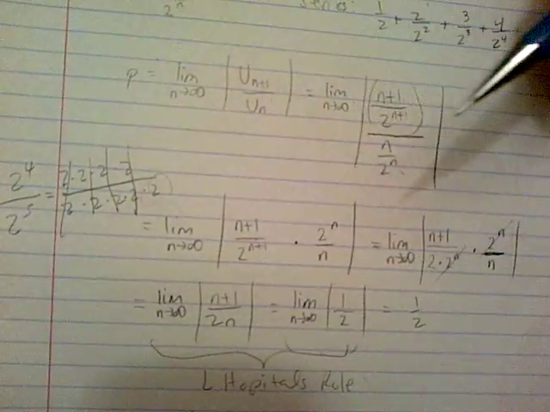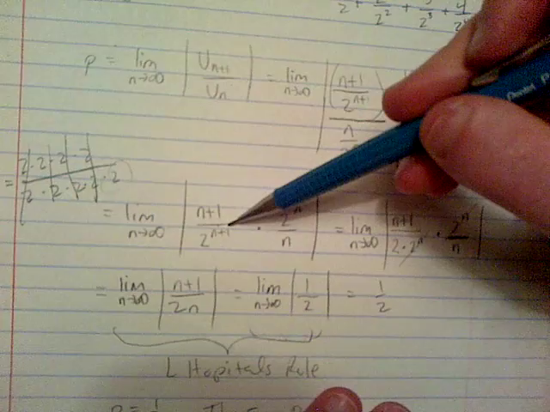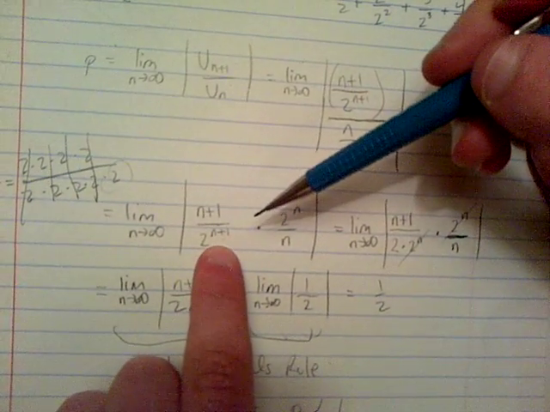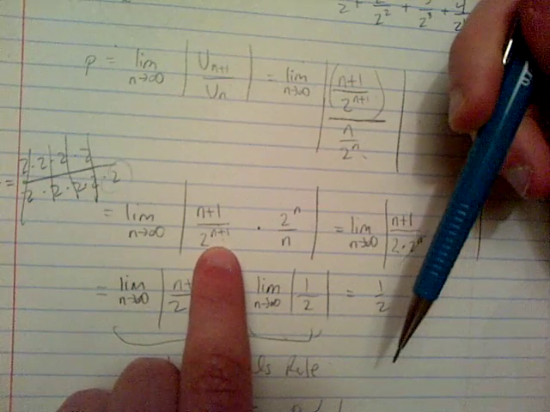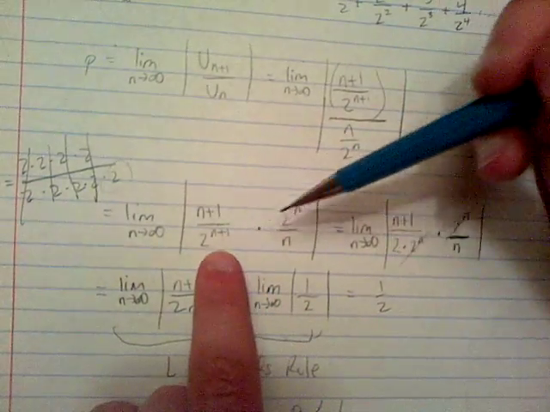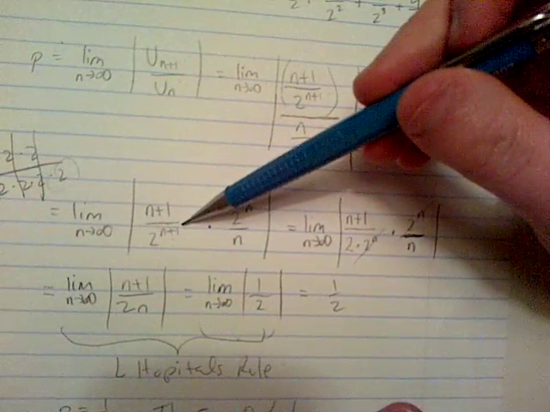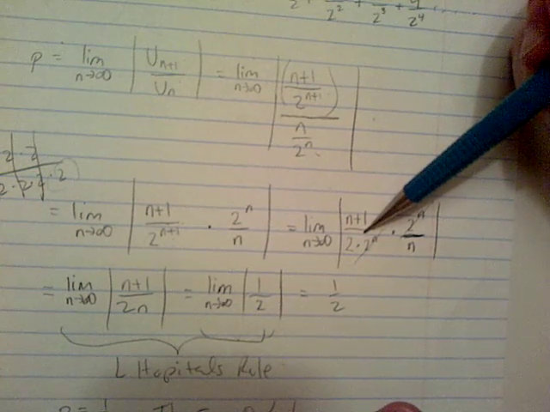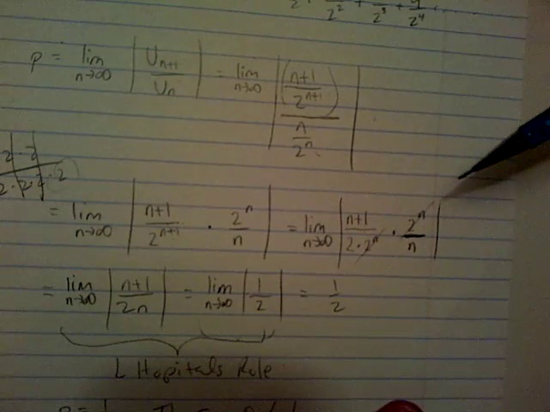So knowing that, when we see this right here, 2 to the n and 2 to the n plus 1, that means that this here just has an extra multiple of 2. So therefore we can split this up into the following. Instead of 2 to the n plus 1, we can just write 2 times 2 to the n. And then I copied everything else over.